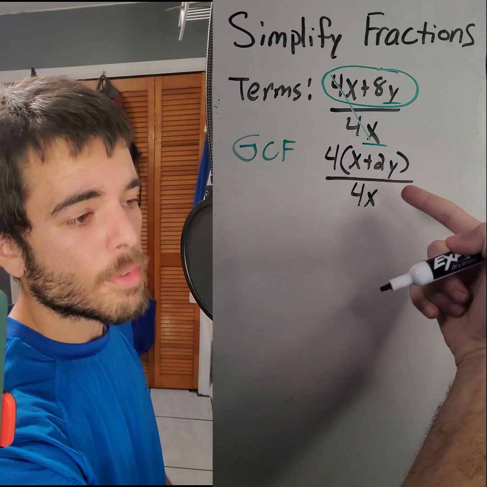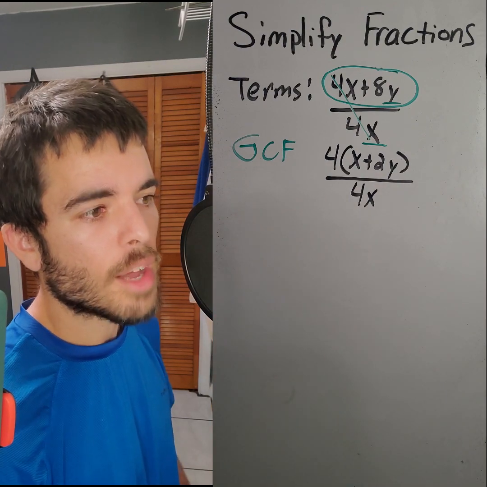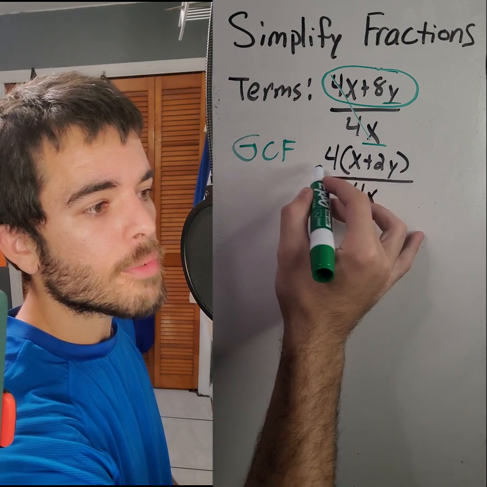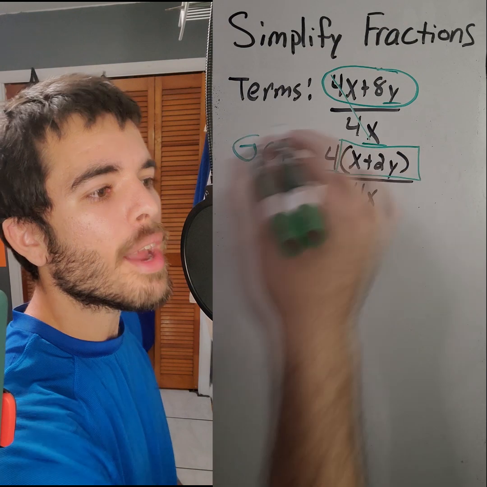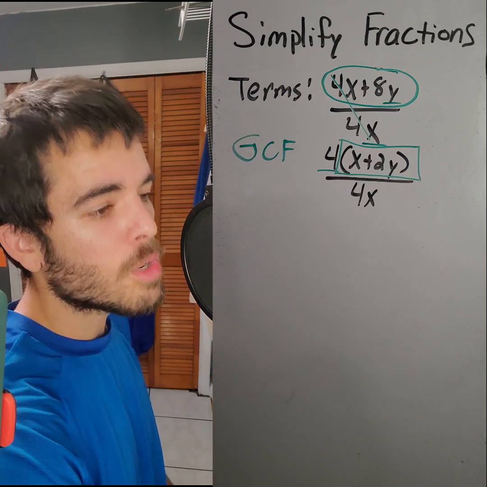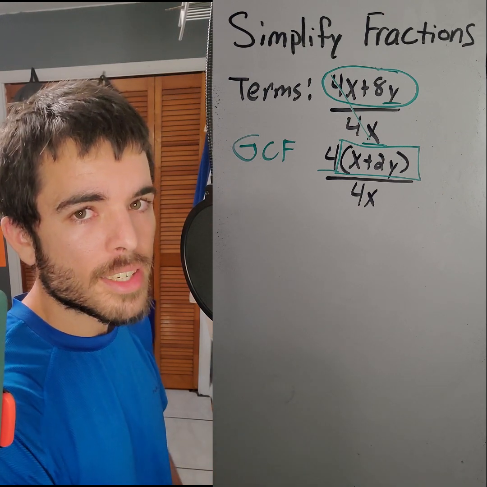Now, to complete the simplification of this fraction, I am allowed to cancel out the 4's. The reason is that the 4 up top is being multiplied by the entire rest of that part of the fraction. In this case, the 4 is being multiplied with the entire numerator. When you have multiplication, that's a great sign.